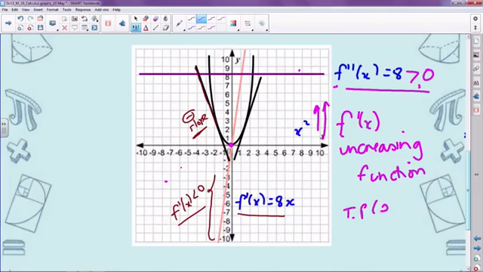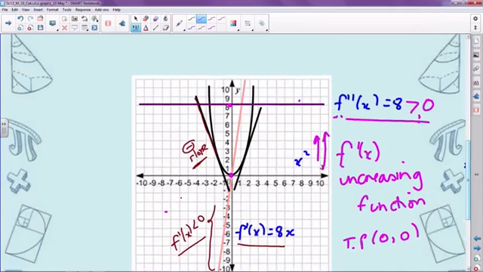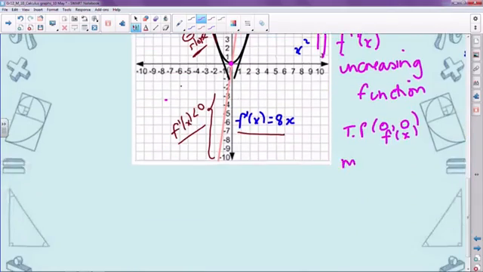So with my second derivative being positive, greater than 0, at the turning point of the original function f of x, that tells me that I'm dealing with a minimum turning point. So that's if your second derivative is greater than 0.